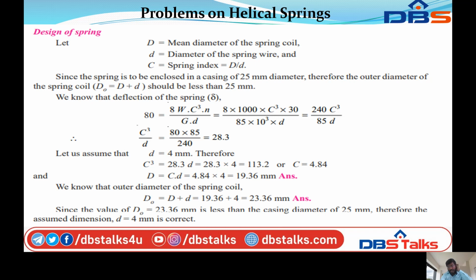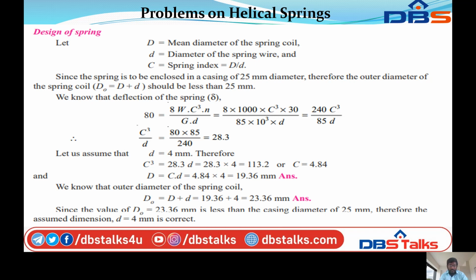So substituting the values, I can calculate the C by using this formula. So delta 80 is given, so 8 into W, so 1000 into C cube into N, 30 number of turns by capital G, 85 into 10 cube into small d.